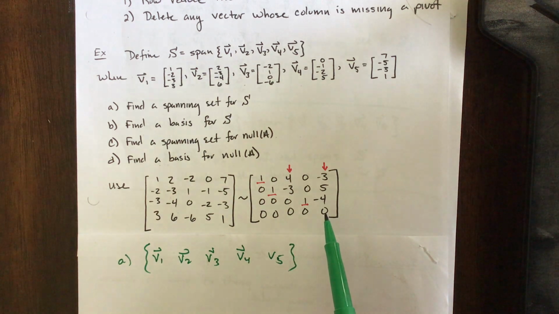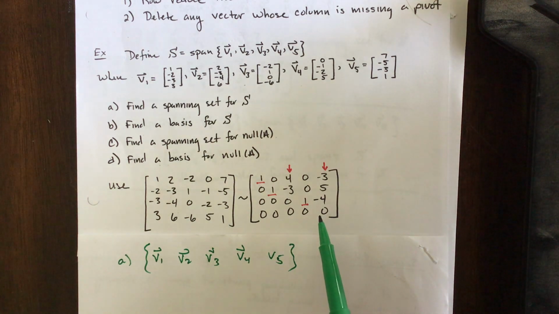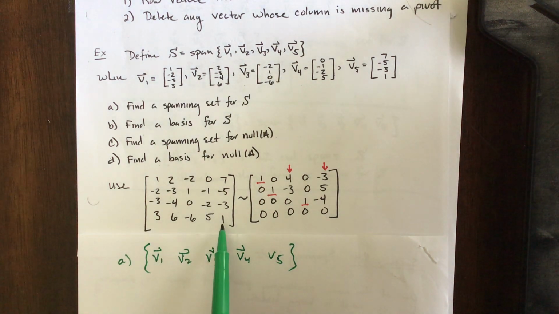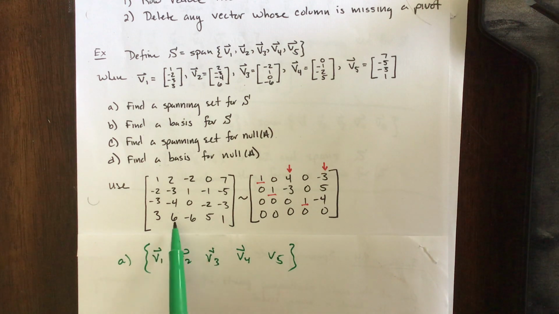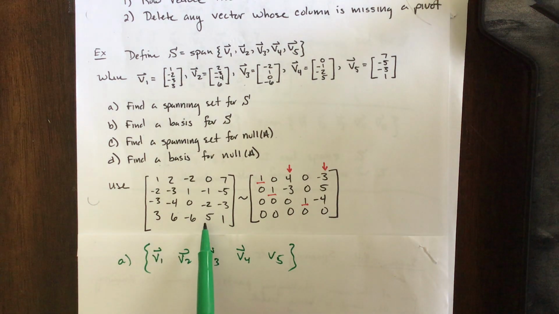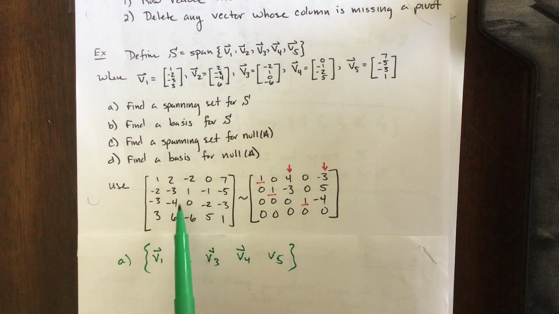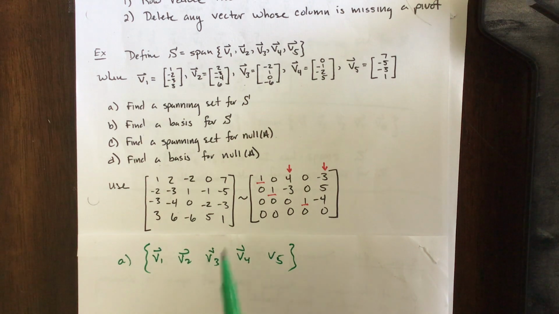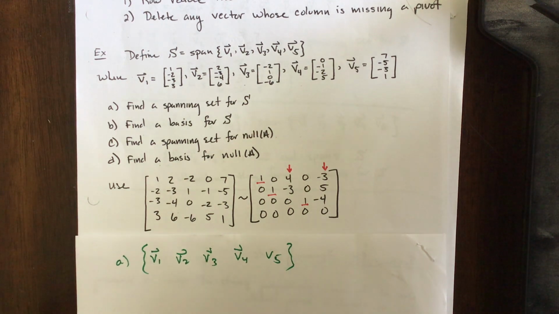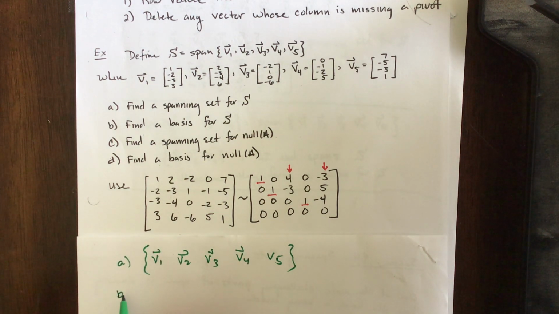Therefore, vector 3 and vector 5 are some linear combination of the vectors 1, 2, and 4. So that means using 1, 2, and 4, I can find a linear combination that gives me vector 3 and vector 5. This is not my answer to part B, but this is my thought process going forward.